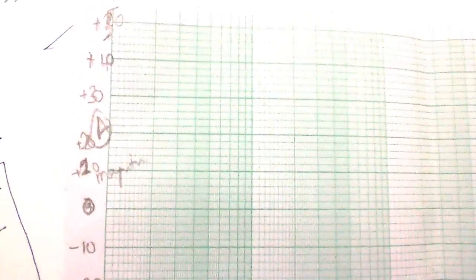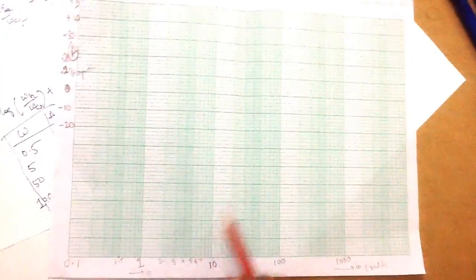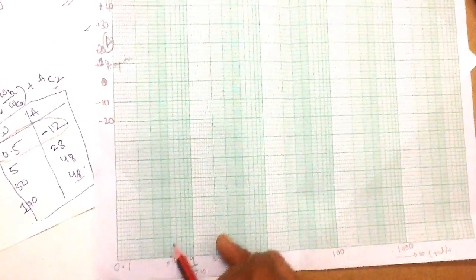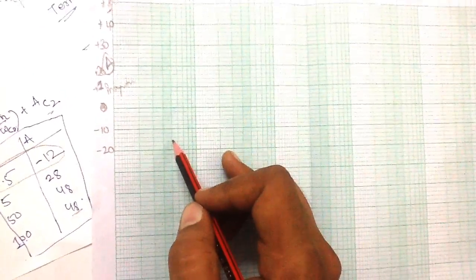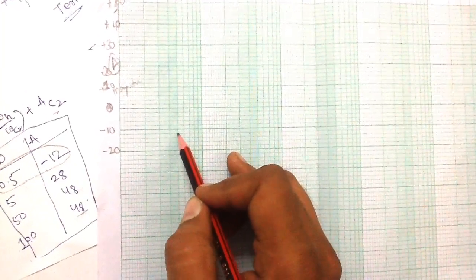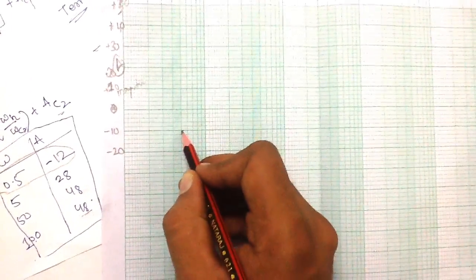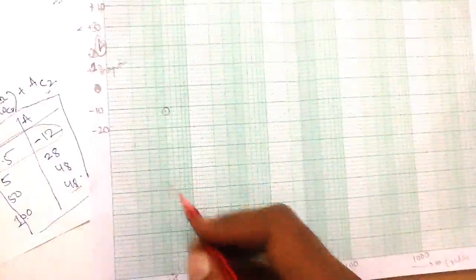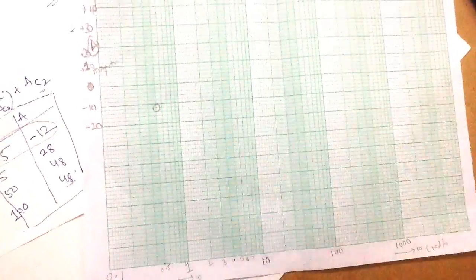So now, once you've got all your values right, just look at what 0.5 A is: -12. So 0.5 is here, and A -12 is going to be somewhere over here. So this is A -12 for a corresponding frequency 0.5 -12, and for 5 it is 28.